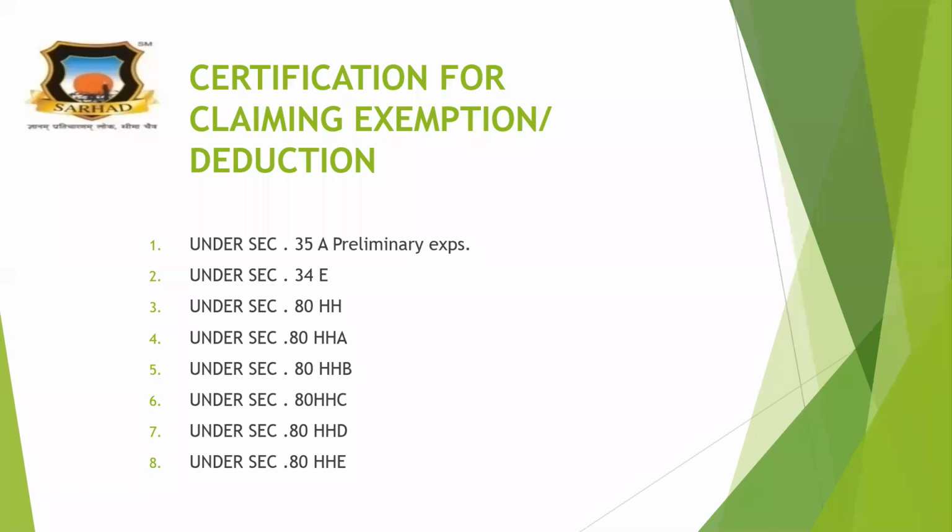Under section 80HH, it is related to the exemption for the backward area. The deduction under this section is available to the industrial undertaking or an approved setup in the backward area, wherein 20% of profit and gain of such business is deductible from the gross total income of such undertaking.